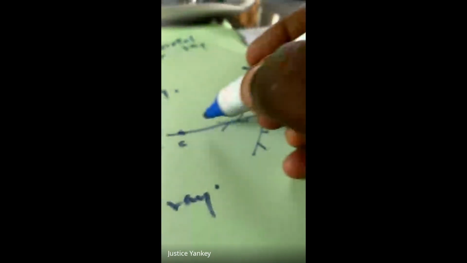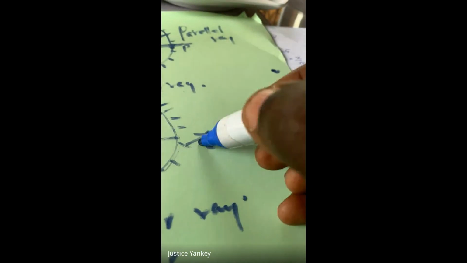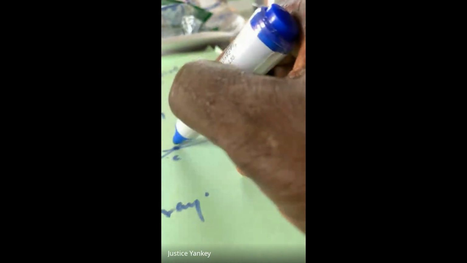Any ray that passes through the center of curvature, like this one, will also be reflected back towards the center of curvature, because every radius will meet the surface of the mirror at right angles. So this is called the central ray. It will be reflected back along the same path, just as in the case of the principal axis.